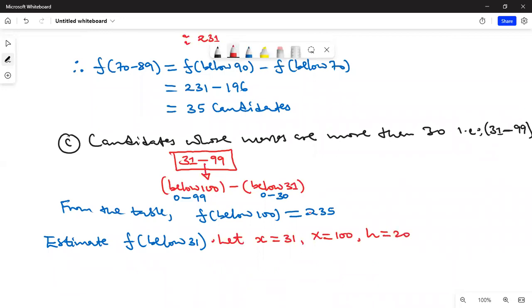And so therefore s will be equal to x minus x naught over h. That is 31 minus 100 over 20.